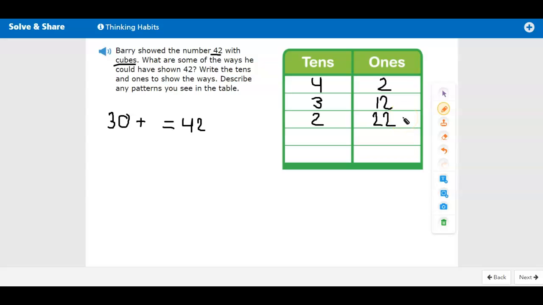Each of these numbers end with a 2 in the ones place, but each number is also increasing by 10. 2 plus 10 is equal to 12. 12 plus 10 is equal to 22.